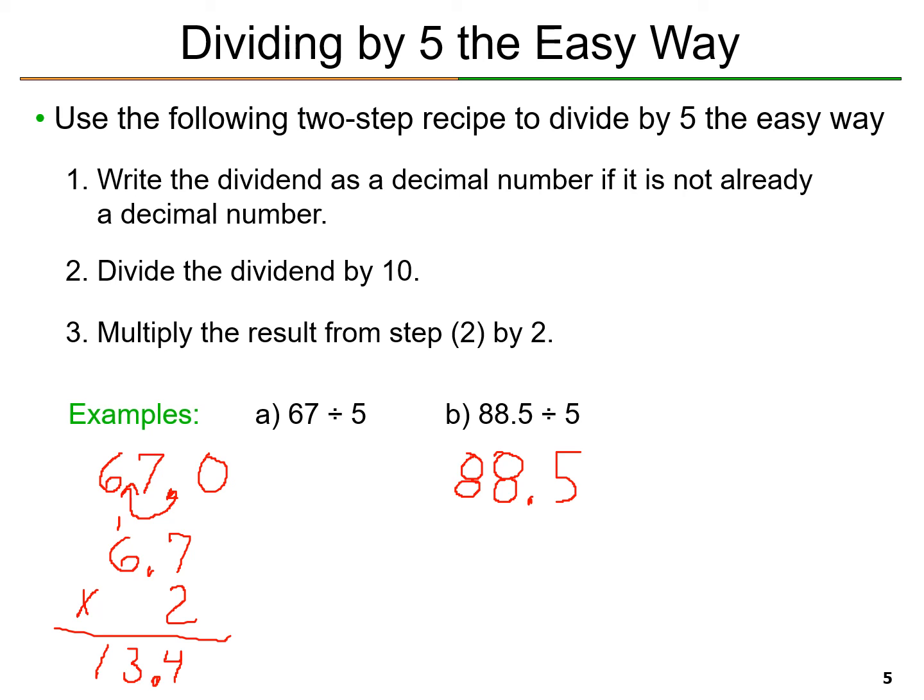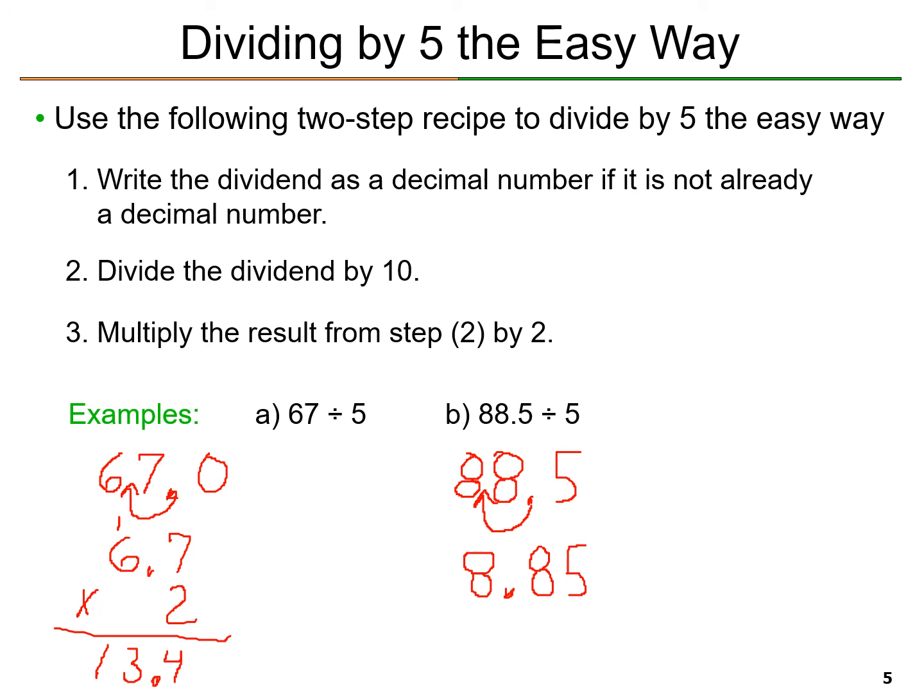So divide 88.5 by 10, just like when we divided a number by 10 the easy way, by moving the decimal place to the left one time. So we're going to go ahead and move the decimal point to the left one time, and we get 8.85.